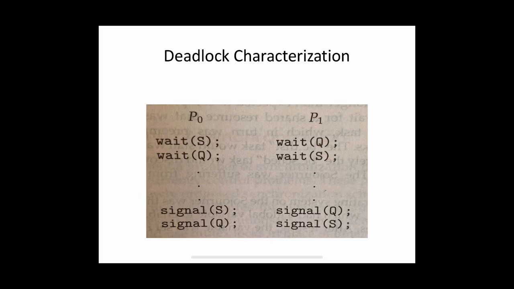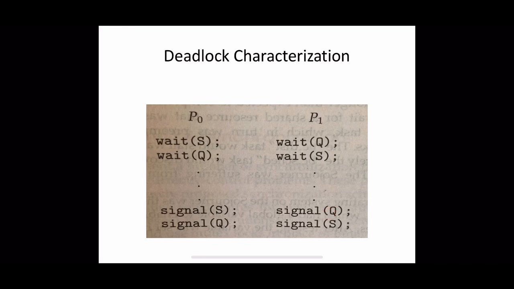Now P0 requires semaphore Q, but it is already acquired by P1, so P0 has to wait. So the event for which P0 waits is signal Q. That is, Q will be released by P1 only when it executes signal of Q.